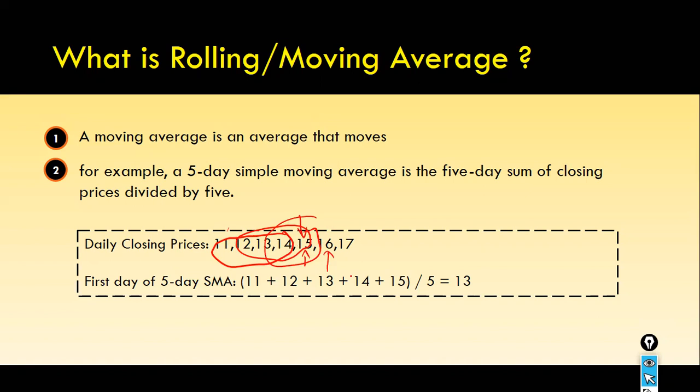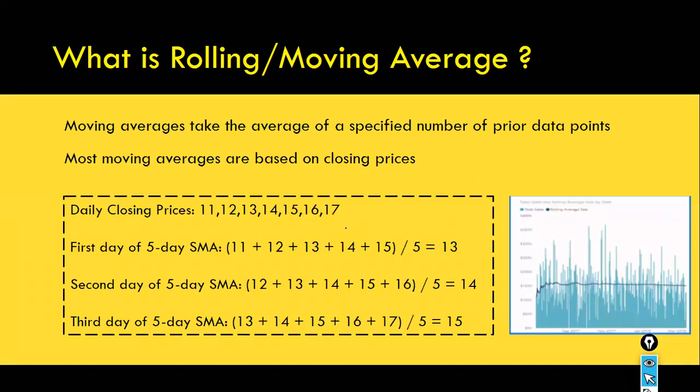Okay, so that is how it is doing it. This is what your moving average or rolling moving average is. Simple moving average, the first day of the 5-day moving average, that is what I mentioned here. In this case, all the 13, 14, 15, the fifth day.